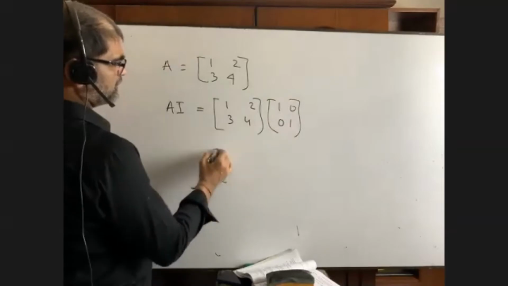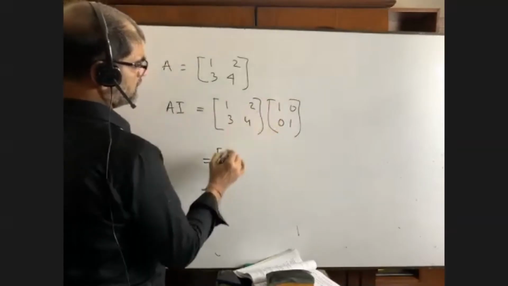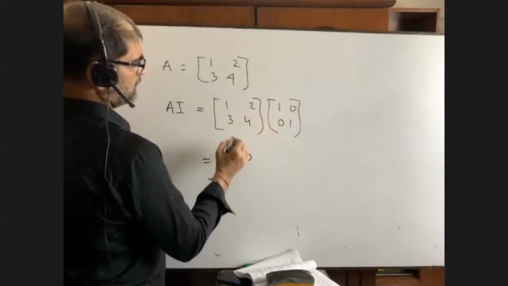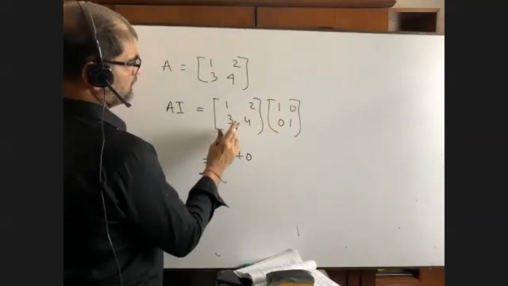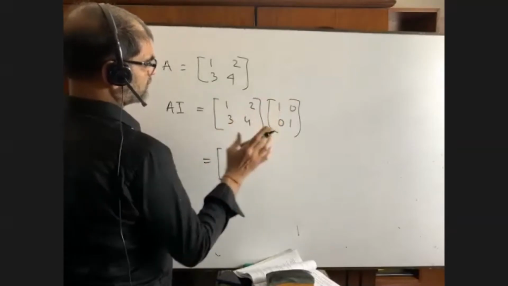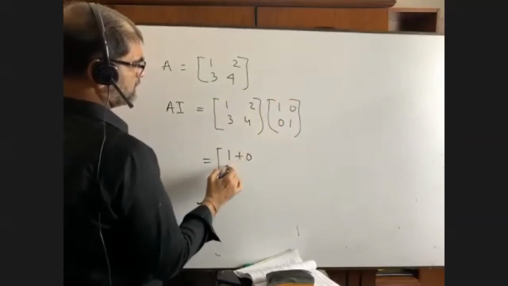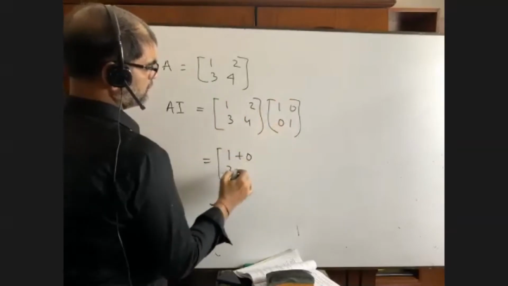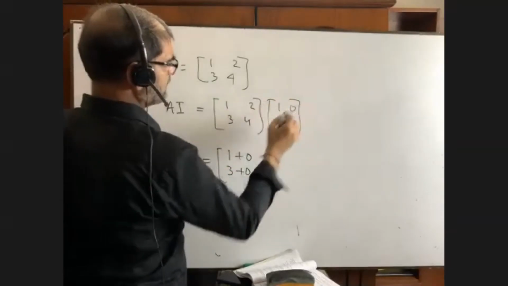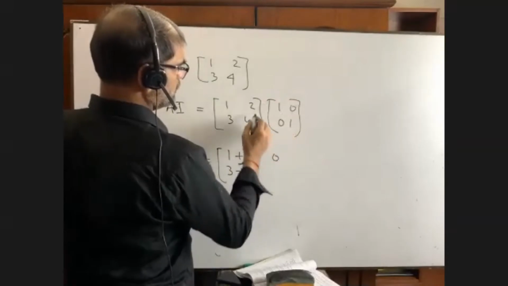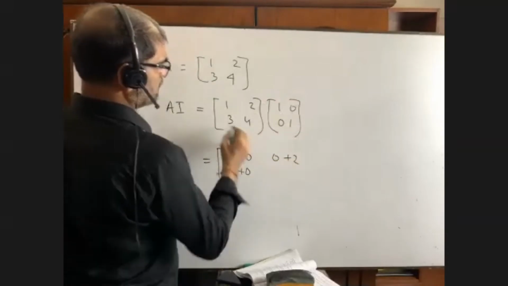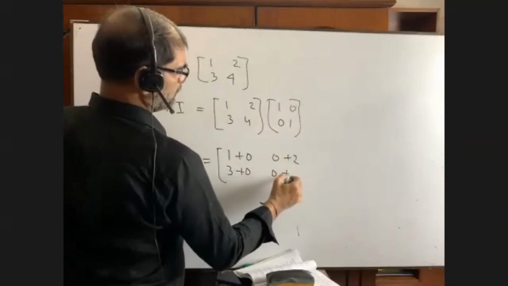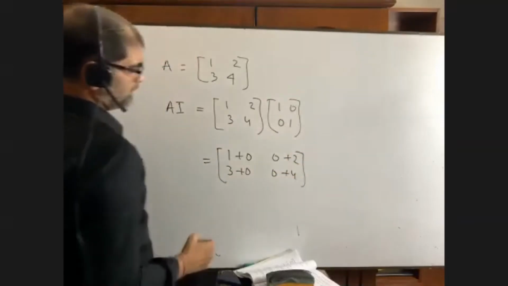So can you please do 1 into 1, 1 plus 0, 3 into... then it is 3. 3 into 1 equals what? 3, 4 into 0 is 0. Now here, 1 into 0 is 0, 2 into 1 is 2. Now 3 into 0 is 0, 4 into 1 is 4. What are we getting here?